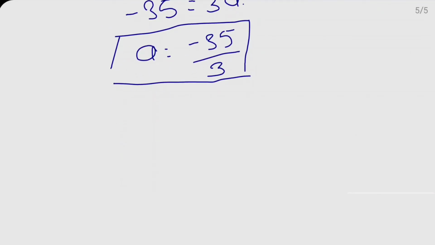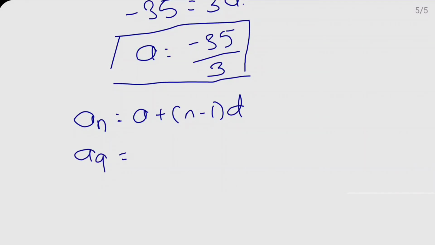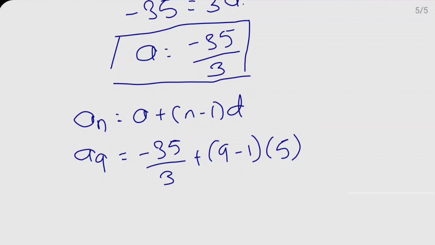So now an equals a plus n minus 1 into d, and we want a9. So a9 equals a, which is minus 35 by 3, plus 9 minus 1 into d, which is 5, they have given.